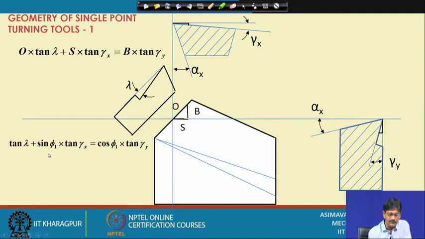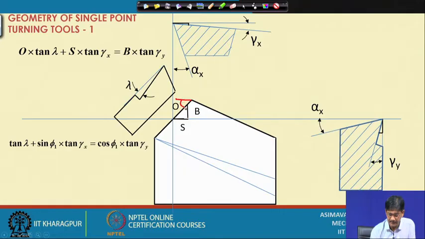plus sin phi 1. How does sin phi 1 come? If we divide everything by O, we have S by O here. S by O is equal to the sine of this angle. Now, what is this angle equal to? This is equal to 90 degree minus phi. Let me use the pen and write it here.